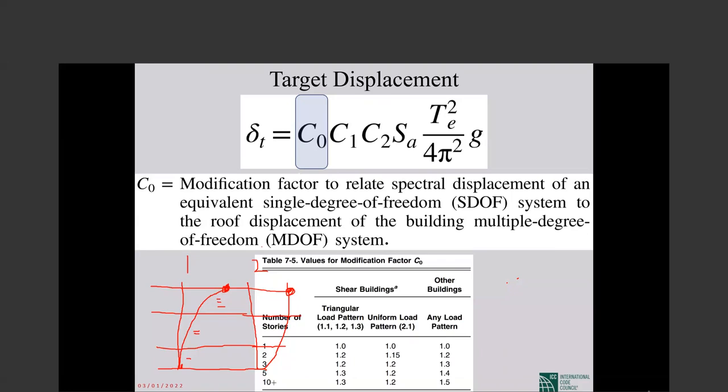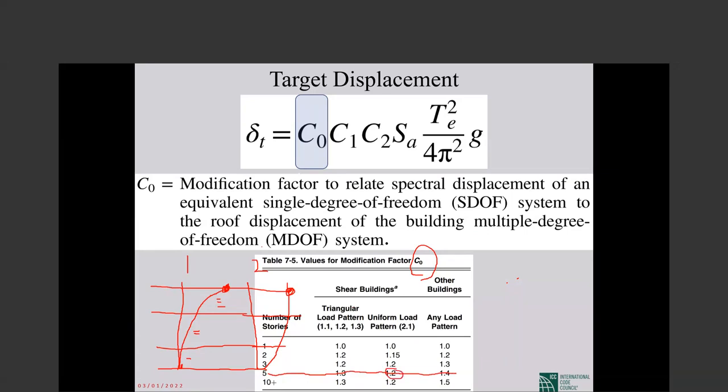Anyway, if we return to our table, the value of C0, what was the C0? C0 relates a single degree of freedom system to a multi-degree of freedom system. You can see, for example, for a 5-story system, for shear buildings, it says 1.2.